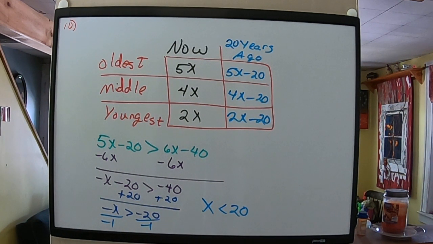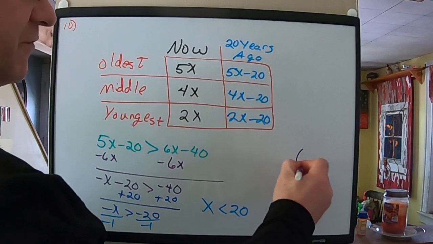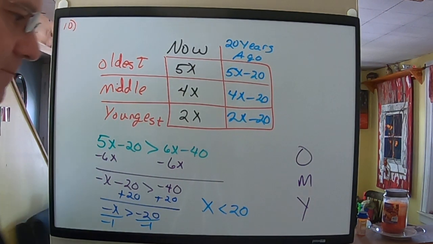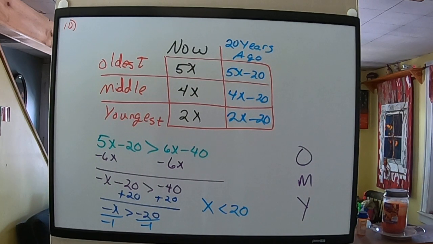Now, it says find the possible ages for the oldest company. I'm going to use O for oldest, M for middle, and Y for youngest. Now, x has to be less than 20.